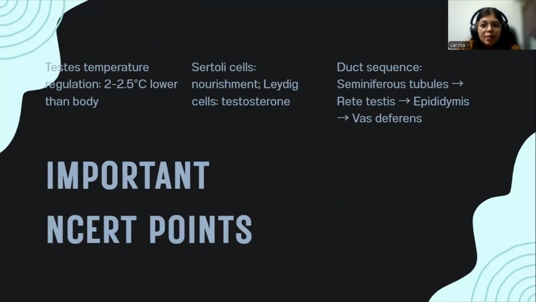Duct sequence, very important: seminiferous tubules, rete testis, epididymis, vas deferens, and then that's your question. Sometimes questions are also asked from semen composition and sperm structure. If you revise these only, you can still score decent marks from this topic.